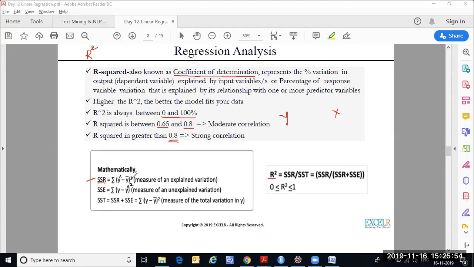The summation of the difference of each of the variables from its mean, whole square. What are we capturing here, friends? The difference of predicted values from the mean of it.